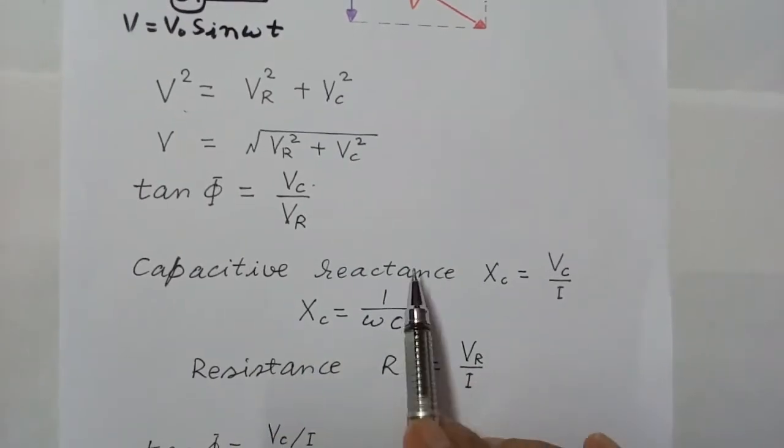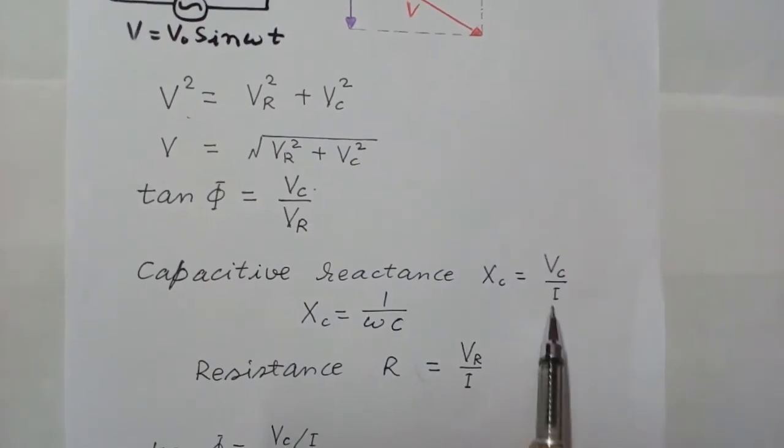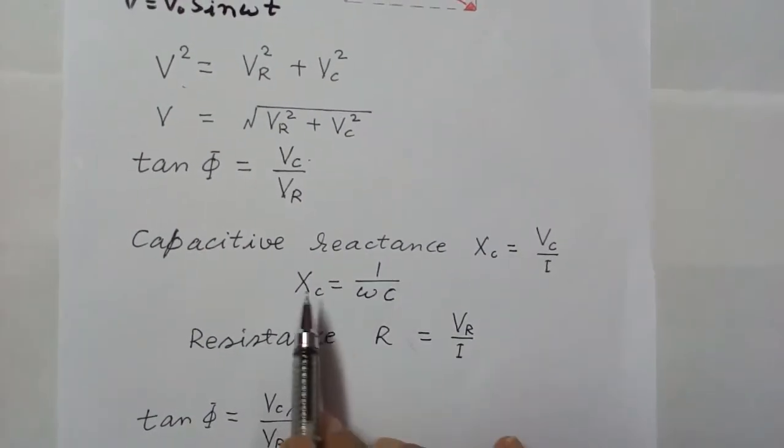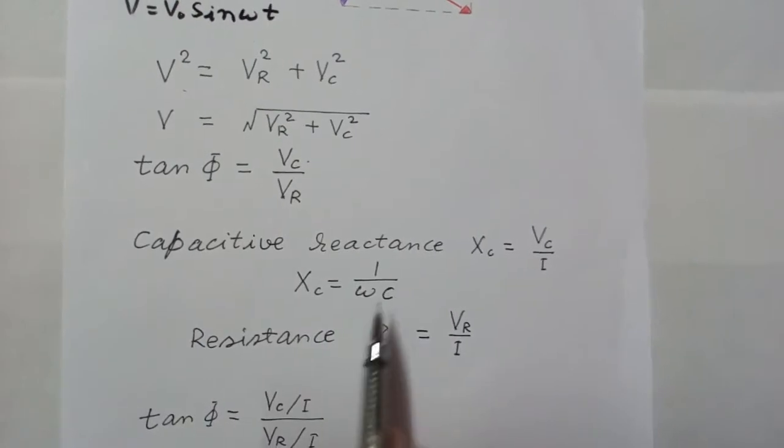Capacitive reactance XC is equal to VC upon I, so XC is equal to 1 upon omega C also.